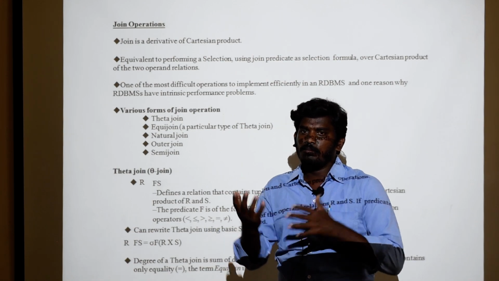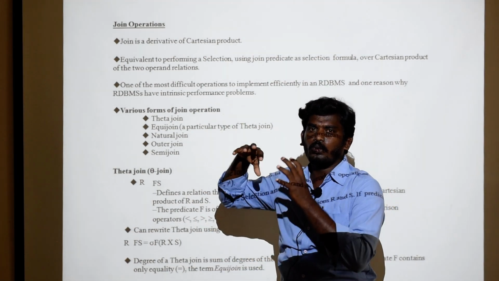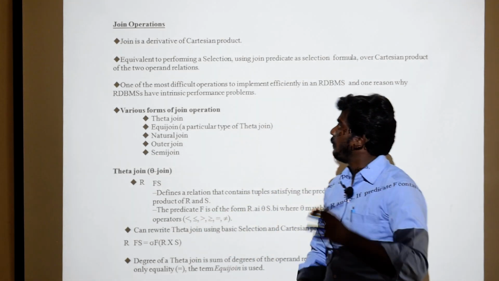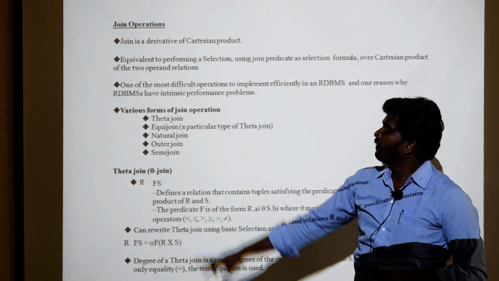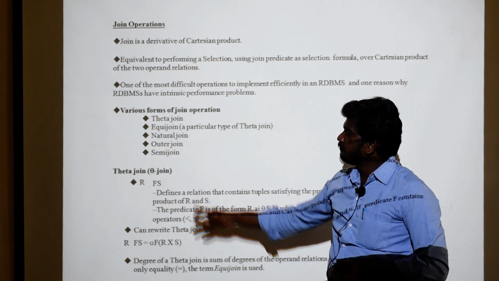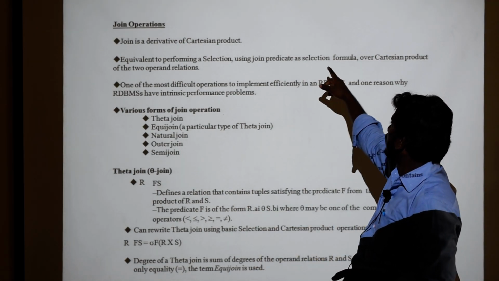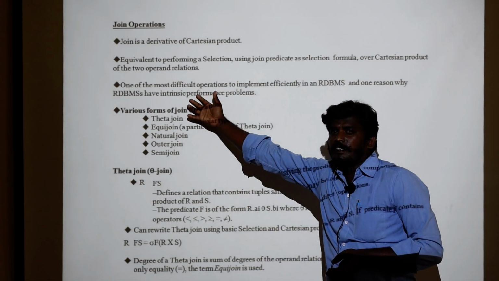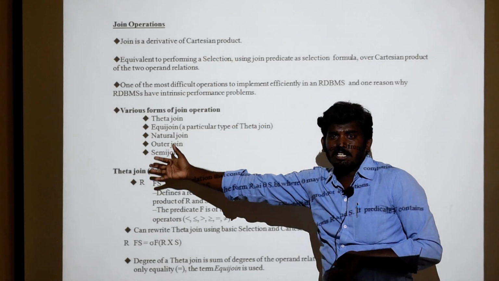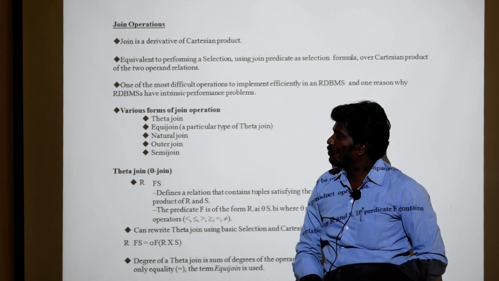We have to easily modify and easily find how to retrieve some solutions. The join operation is a derivative of the Cartesian product. It performs the selection using the join predicate, and whatever selection properties occur in your relational algebra, everything comes into the joining operator also.